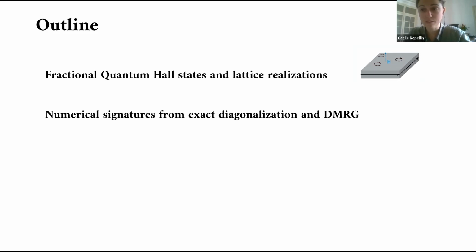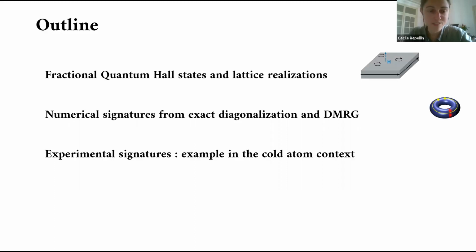And then if we have enough time and if there is enough interest for this, I will also talk about experimental signatures. The idea being that when I talk about a numerical signature, this is something that is convenient to extract numerically, and that's going to be robust enough in finite size to give you a good indication of the nature of the ground state, but something that's not necessarily accessible in experiments.